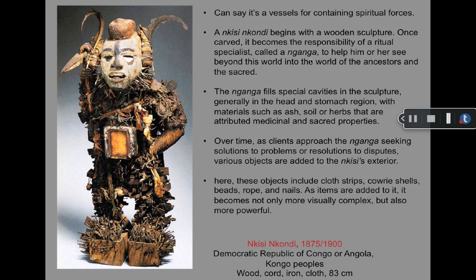And these objects would help a person to see beyond this world into the world of the ancestors and the sacred. So these are objects which are activated in certain ways through how we engage with them and how their owners and their caretakers, the Nganga, would take care of them.